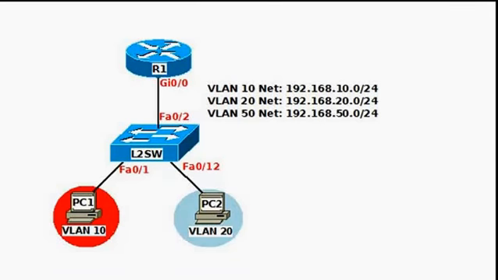Now, if I had something else off of this router that I needed to get to, let's say I have another router, it's my WAN connection, so I've got another router off of here.